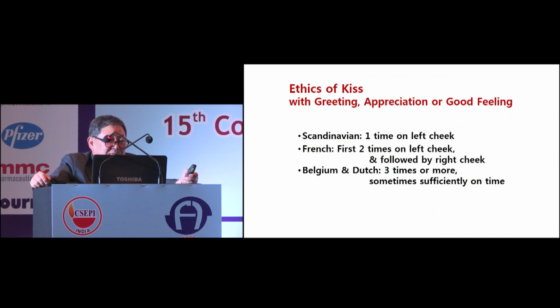Ethics of kiss are different according to each country. Scandinavian peoples, one time on left cheek, French people first 2 times on left cheek followed by right cheek, Belgium and Dutch 3 times or more. So if you understand this kind of kiss ethics, you can make more intimacy with Scandinavian or each country's people.